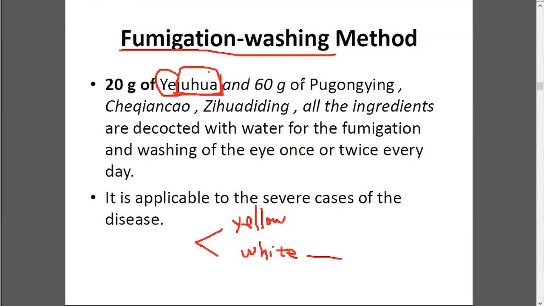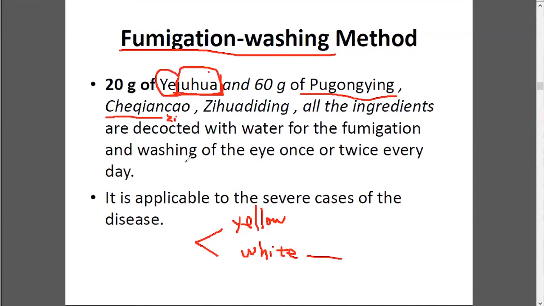And 菊花 together with 蒲公英. And then another herb we call 车前草. 车前草 is not in our TCM list, but we have 车前子. We talked about 车前子 before; that's the seeds.